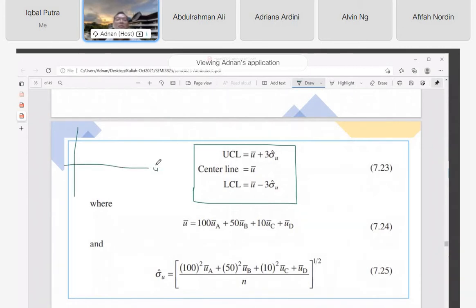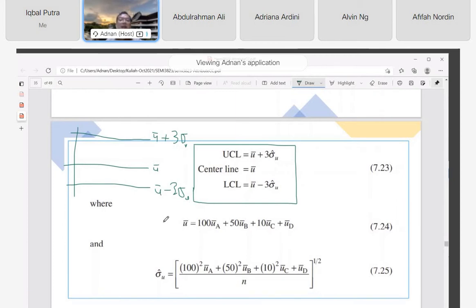Still have U bar plus 3 sigma of U, and we still have the lower control limit, which is minus 3 sigma U. So we need to know how to get the U.